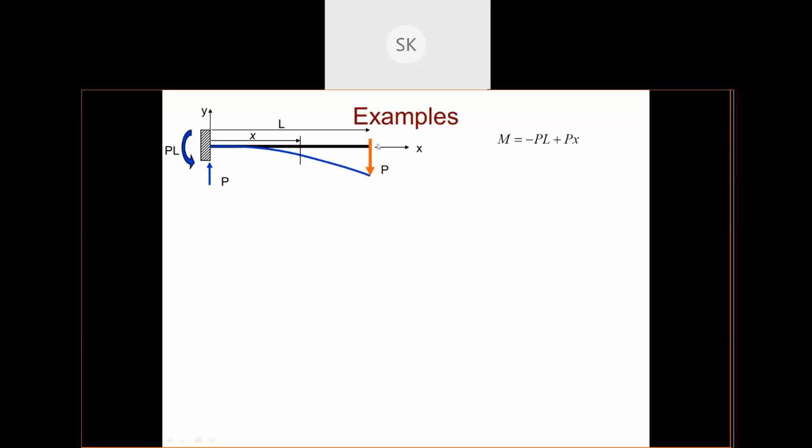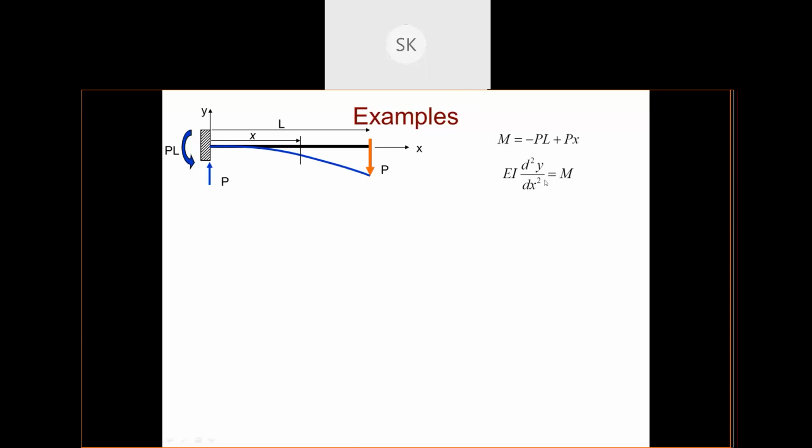So you first have to find the moment equation for a particular beam: simply supported beam with point load, simply supported beam with UDL. You have to first find the moment equation. Then you know the equation of this deflected curve is EI d square y by dx square equals M, right? This is the equation.